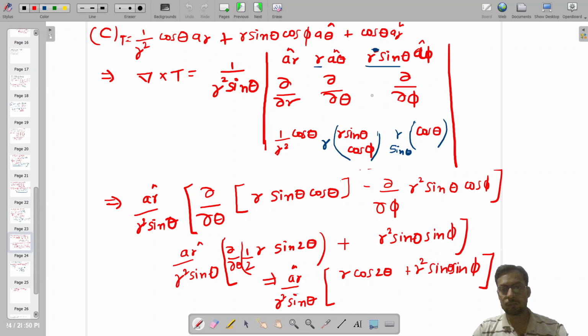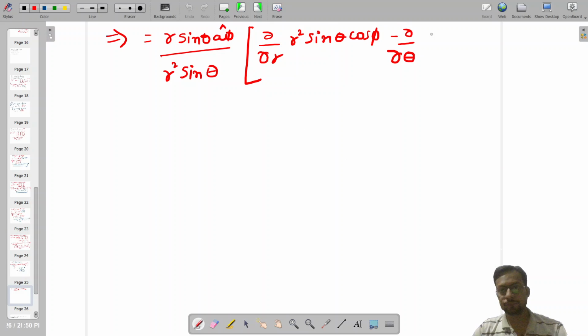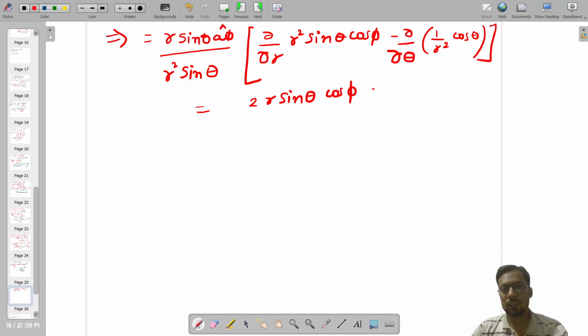So evaluating this, we get 2 r sine theta cos phi minus, and this will get plus, sine theta on r square.